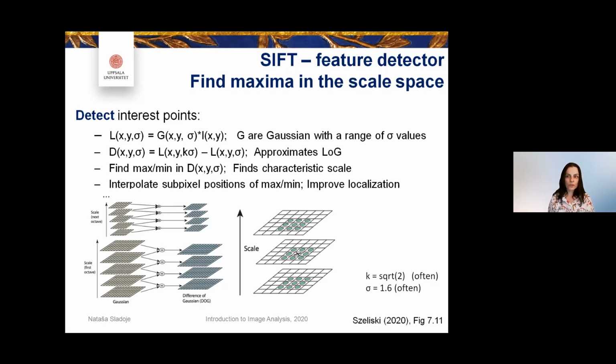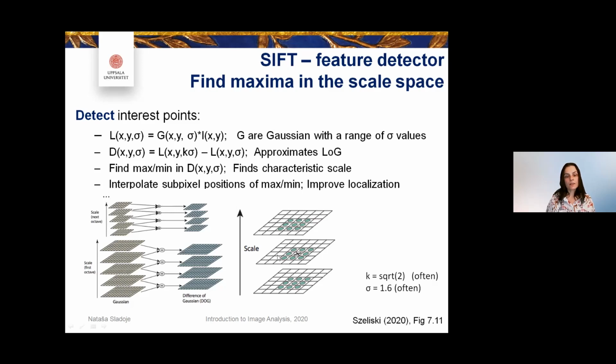Once all these smooth images are created, computation of DoG, difference of Gaussians, is quite simple, since in each of these octaves the neighboring Gaussian smoothed images are just subtracted, and we have the DoG feature computed in the scale space.